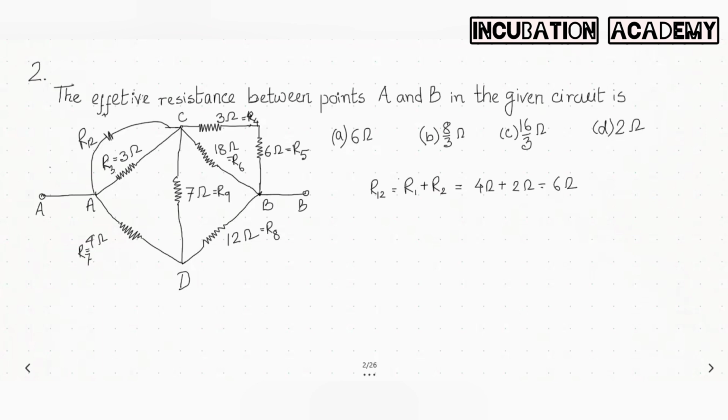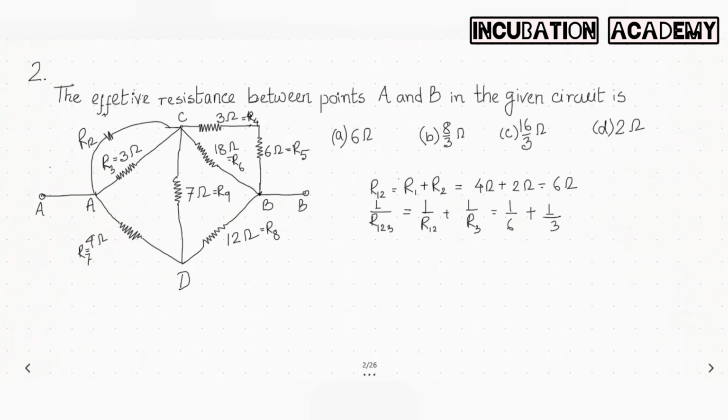Now R12 is in parallel combination with R3. To find R123, 1 by R123 equals 1 by R12 plus 1 by R3. So 1 by R12 is 1 by 6, and 1 by R3 is 1 by 3.